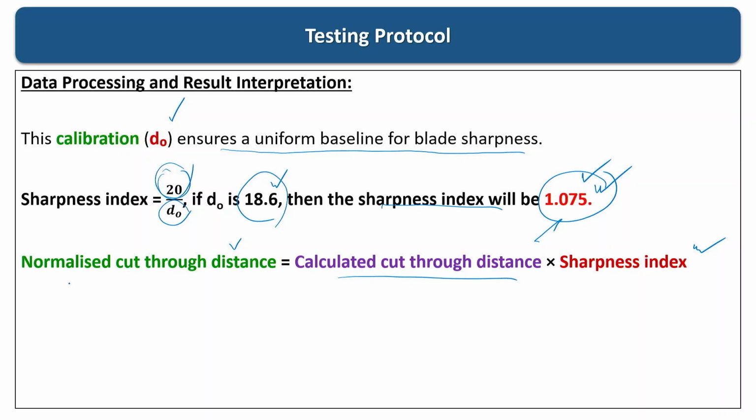So, the normalized distance we can calculate by multiplying the actual cut through distance by the sharpness index. So, the sharpness index we have to calculate.